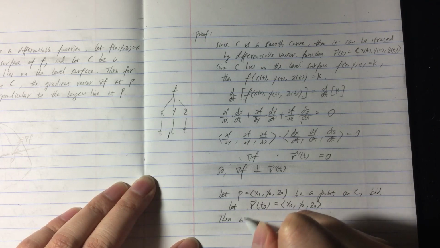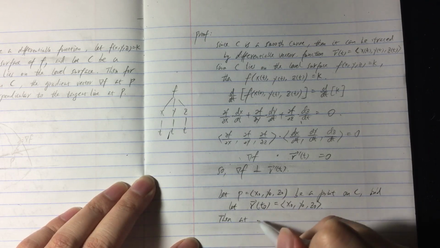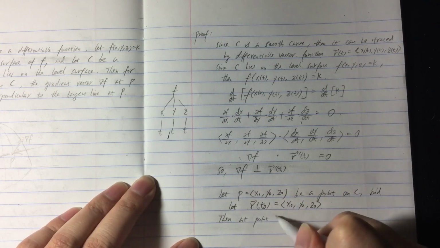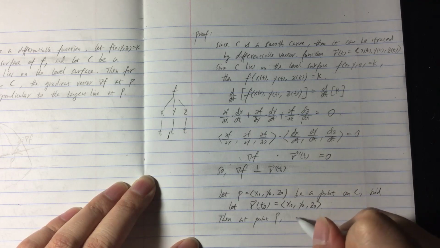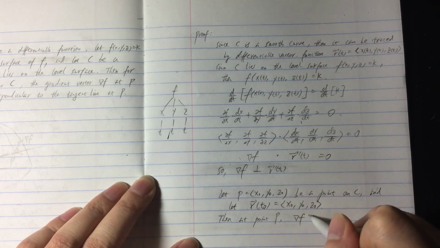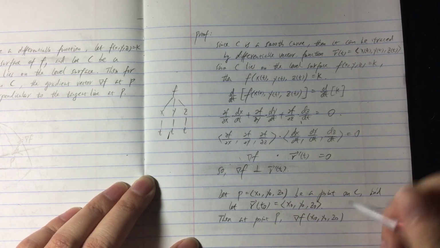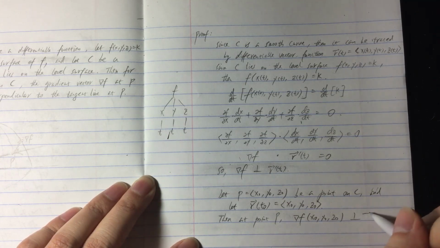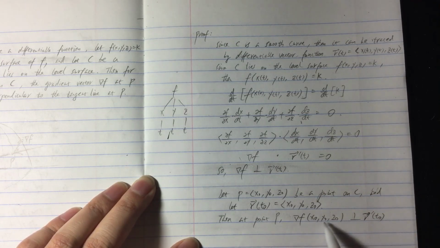Then at point P, the gradient vector of f at x0, y0, z0 is perpendicular to the tangent vector at t0. This is the gradient vector at point P.